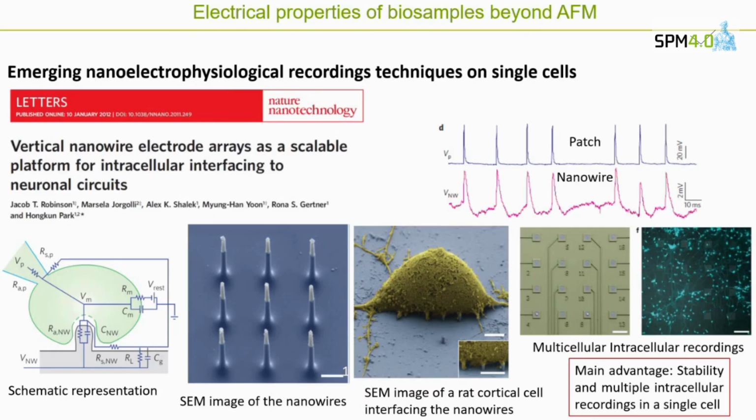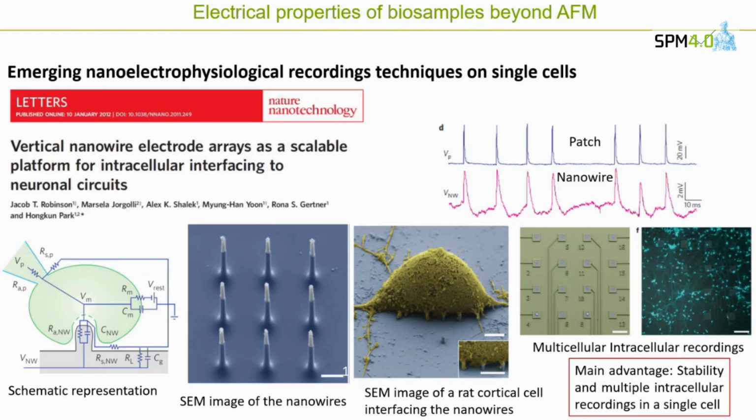This is something relatively similar. In this case, we have nanowire electrodes. So basically, this is a nanowire, a sort of metallic electrode. In this case, we don't have a transistor. It's just a needle. And the idea is that you can grow the cell on top of these, and then some of the needles will penetrate the cells.